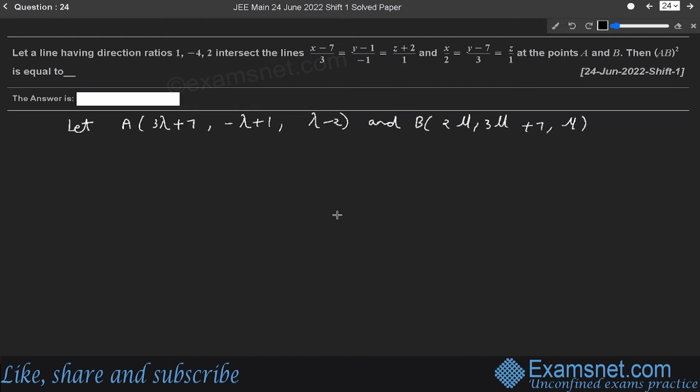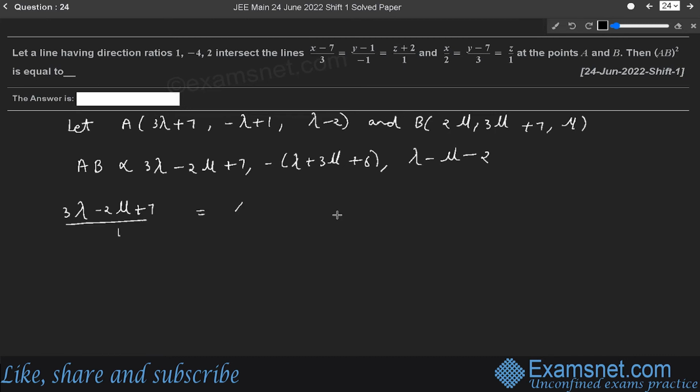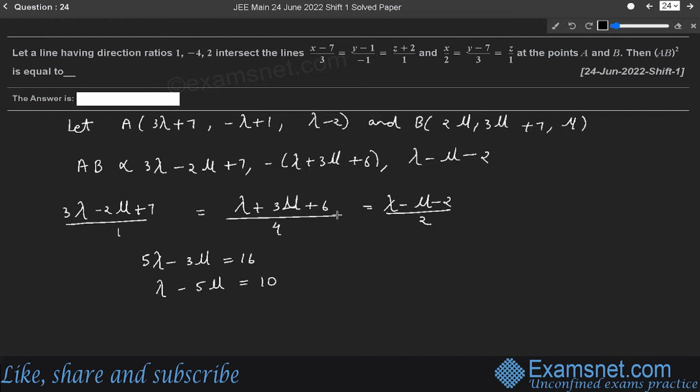So the direction ratios of AB are proportional to 3λ-2μ+7, -λ-3μ-6, and λ-μ-2. Clearly, (3λ-2μ+7)/1 = (λ+3μ+6)/4 = (λ-μ-2)/2. Therefore, 5λ-3μ will be equal to 16 and λ-5μ will be equal to 10.